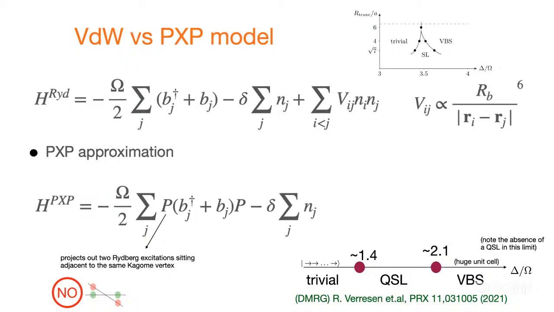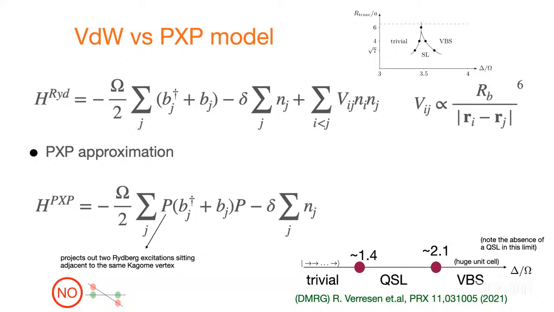Now, the thinking of all of this is actually not on the van der Waals model, but on the PXP model. What you see on the top line is the actual model of the experiment, the actual system. What you see below is the PXP approximation. In the PXP approximation, this van der Waals interaction is approximated by a value of infinity inside the blockade radius and 0 outside the radius.